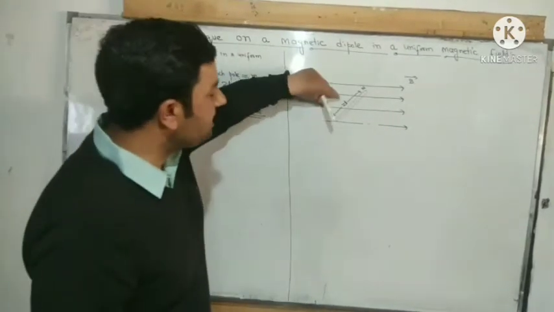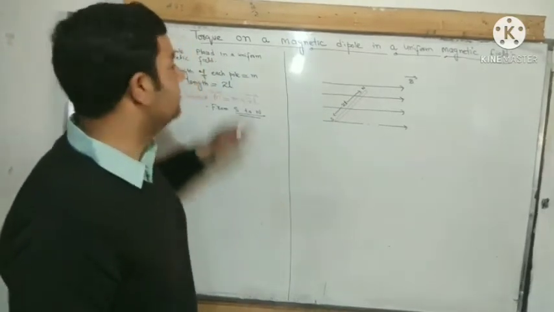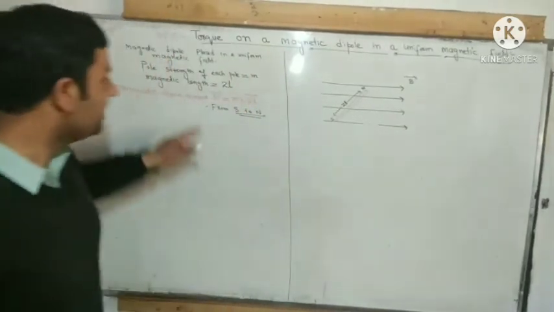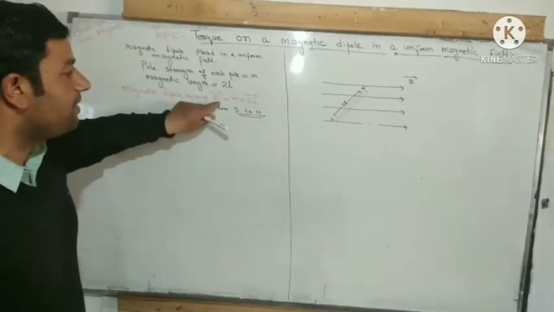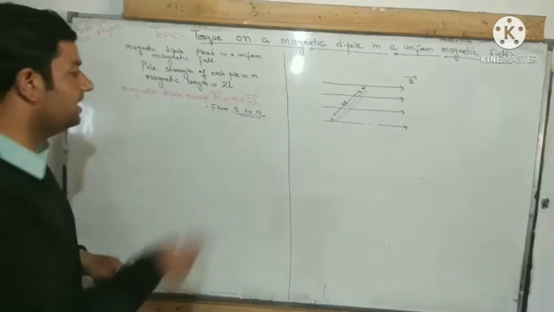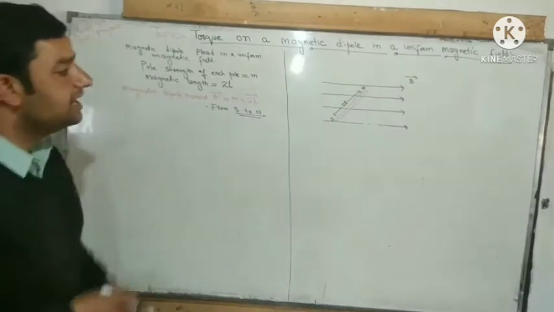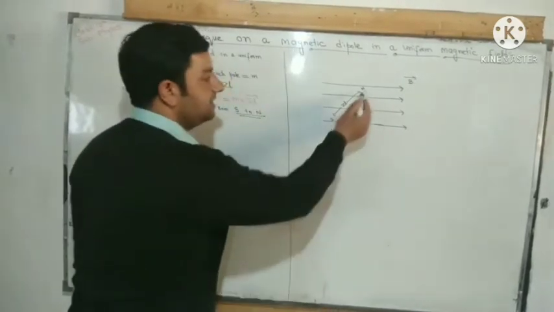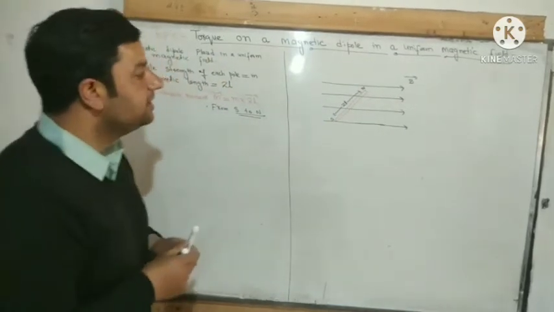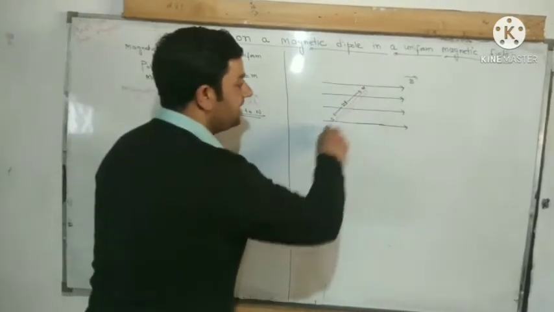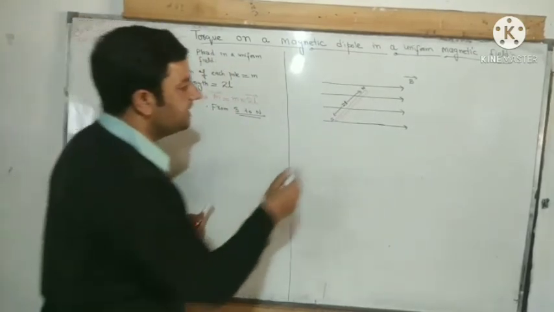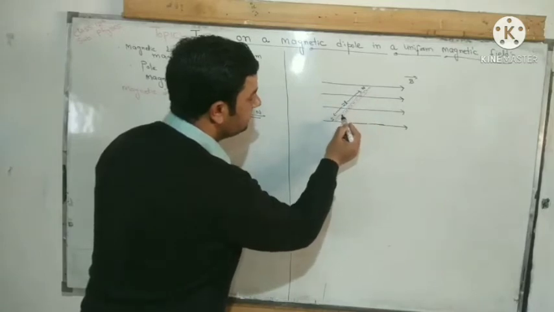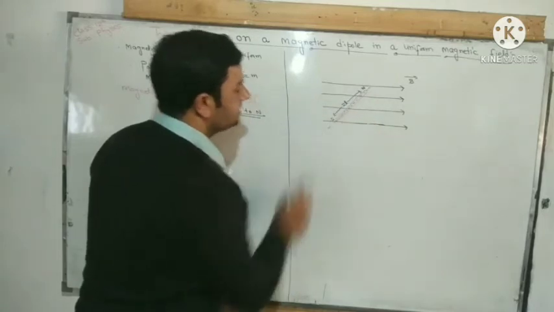Now we find the torque on a magnetic dipole, or this bar magnet. The magnetic dipole moment is equal to m into 2l, from south to north. Let us suppose this is the direction of the magnetic field and this is the magnetic dipole moment. The magnetic axis is the axis which passes through the north and the south pole.